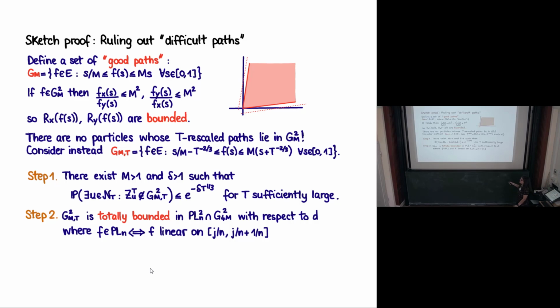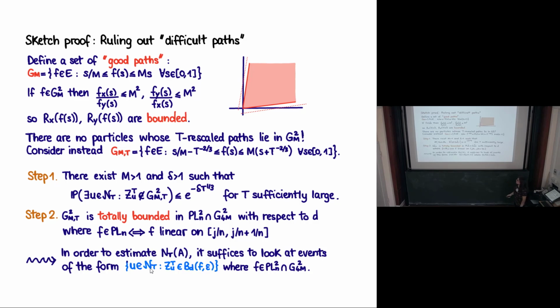Totally bounded means that I fix any radius, and I can cover this area with finitely many balls around functions in this nice set. What it means for our problem is that if I'm looking at particles with rescaled path in any set, I can cover that set with finitely many balls around nice functions. So it will be enough to look at events of the form: the number of particles whose rescaled path lies in a ball around a nice function.